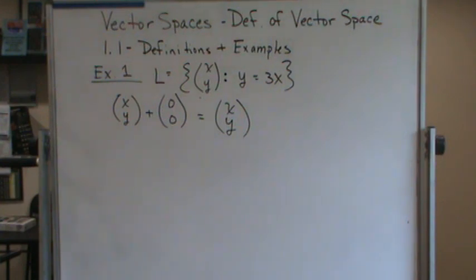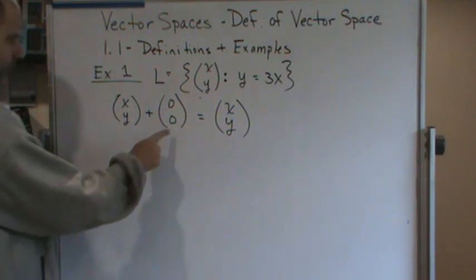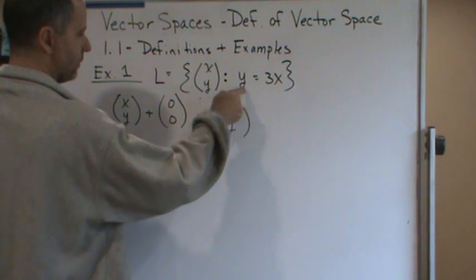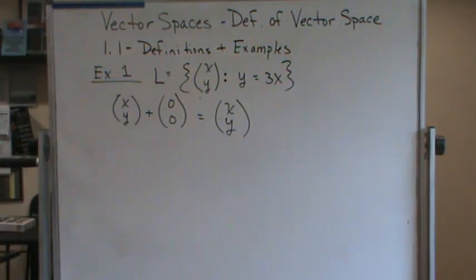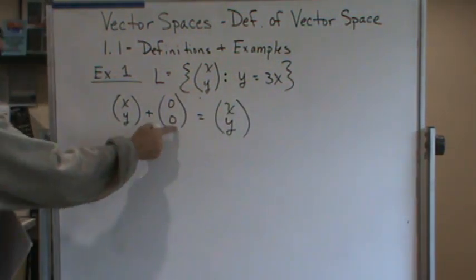So all we have to do is prove a vector that acts as the zero element, and the vector of zero entries will do. Now note that the zero vector in L has its second component triple its first. 3 times 0 equals 0, so it works. So this vector is in L.